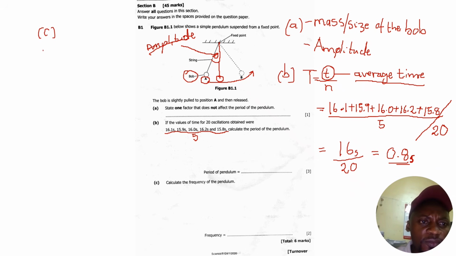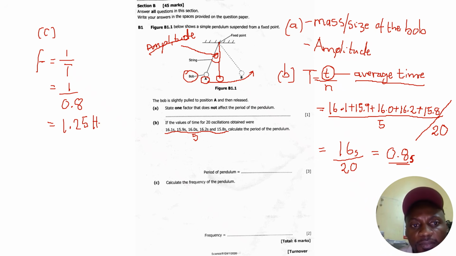We know that frequency is given by 1 divided by the period, and we have already calculated our period, which is 0.8. So we have 1 divided by 0.8, which gives us 1.25 hertz.